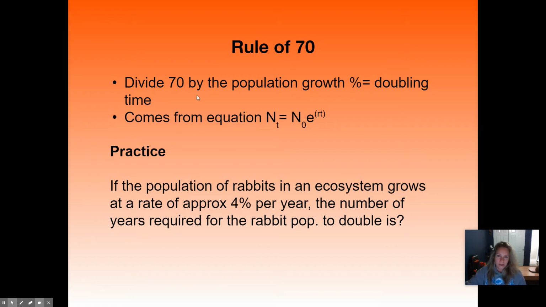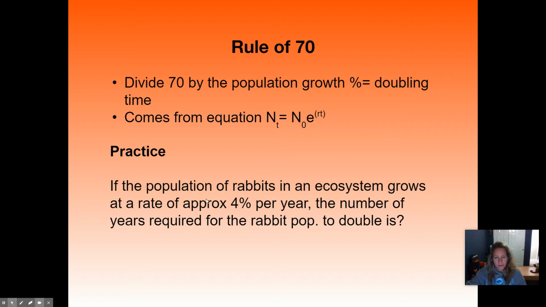So if you take the 70 divided by the growth rate of your bank account, it's the same concept, but this is talking about population. So it says divide 70 by the population growth percent, and that equals the doubling time. So it comes from this equation, which I'm sure you probably remember from when we talked about exponential growth and the J-shaped curve.